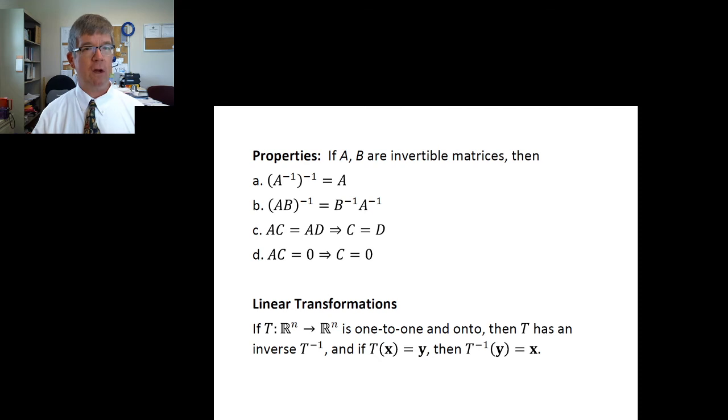Similarly, we talked about the fact that for non-invertible matrices, you can multiply two matrices and get 0 with neither matrix being a 0 matrix. If A is an invertible matrix, that is no longer true. Again, just apply the inverse to both sides of that equation. The A will cancel off, and C has to be 0, because any matrix times a 0 matrix is a 0 matrix.